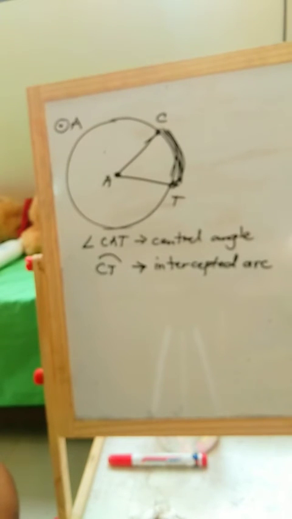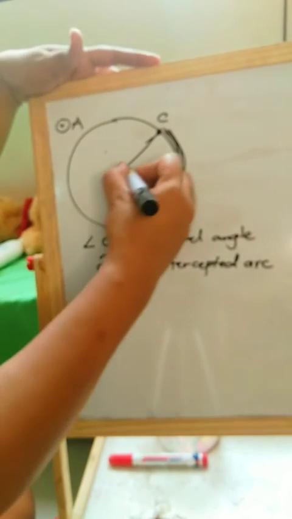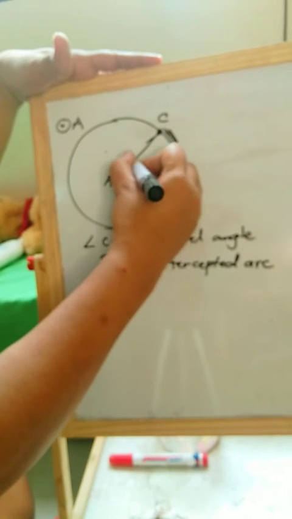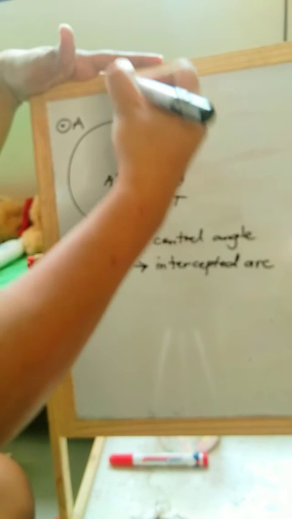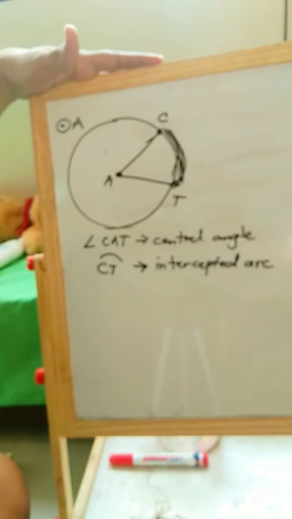Okay? So, yan yung idea. Now, the idea here is that whatever the measurement of your central angle, the arc intercepted by that is also equal to that particular angle.